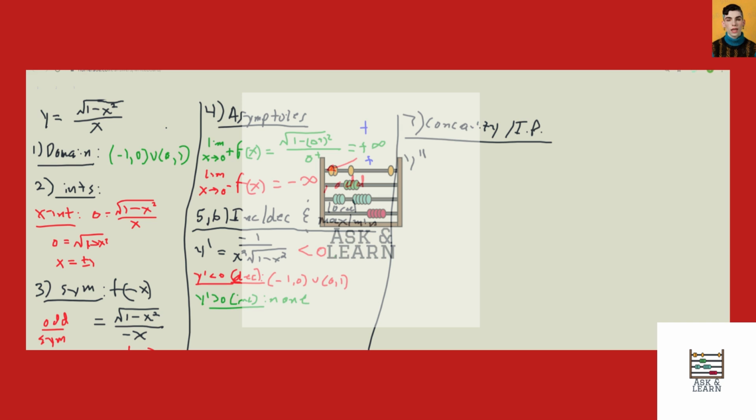All right, so we have y double prime is equal to 3x squared minus 2 all over x cubed times 1 minus x squared to the 3/2 power. Now let's look at where our second derivative is strictly larger than 0, or concave up.